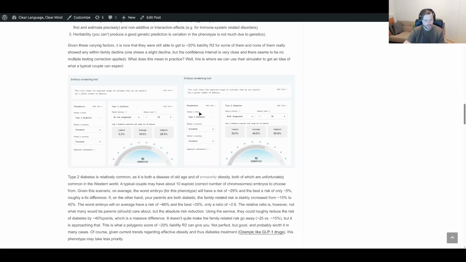So here I've looked up a kind of typical case, just to give an idea of what 20% liability means. The heritability of type 2 diabetes is something like 70-80%. So it's mostly due to genetics, but that of course does not mean that we can find all the signal yet. In this case, I've chosen 2 European parents.